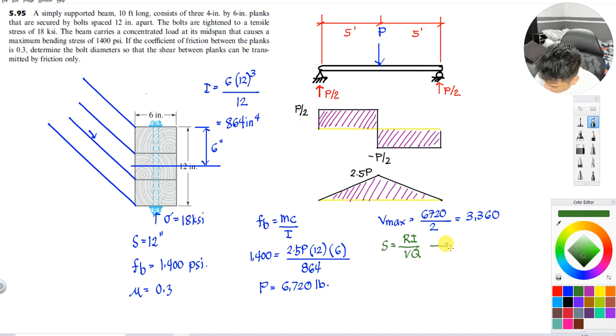So, rearranging that, I can have it as S VQ all over, okay, over I. Okay? So, we can have it as equal to the R. Okay? So, check natin yung R. So, we can have it as S, which is 12 inches apart. And then, yung V natin, which is 3,360.